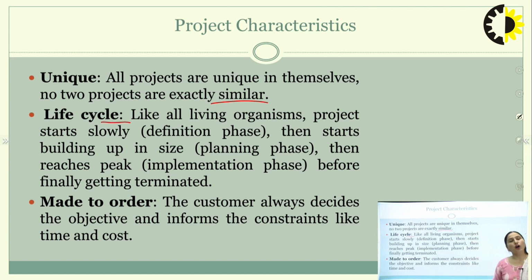Now comes the life cycle. Like all living organisms, a project again starts slowly. Right? At your initial go, we cannot say that it is going to start at a very fast pace. As a living organism, a project starts slowly at the definition phase, then starts building up in size. That is the planning phase, which is again a very important phase.